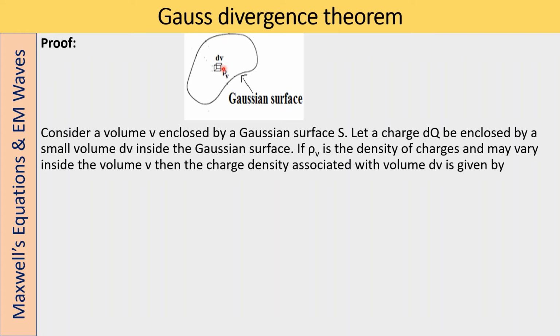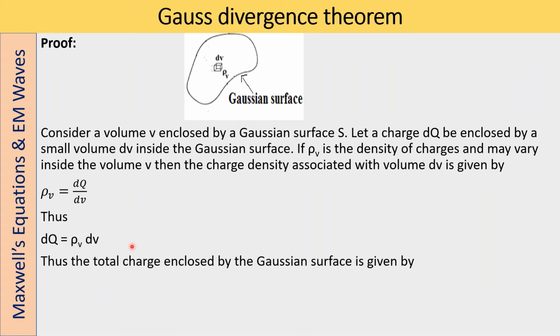If rho v is the density of charges and may vary inside the volume V, then the charge density associated with the volume dv is given by rho v equal to dq by dv, where dq is the charge enclosed by a small volume dv. Thus dq is equal to rho v into dv. The total charge enclosed by the Gaussian surface is given by integrating: q is equal to the volume integral of dq, which is the volume integral of rho v dv.